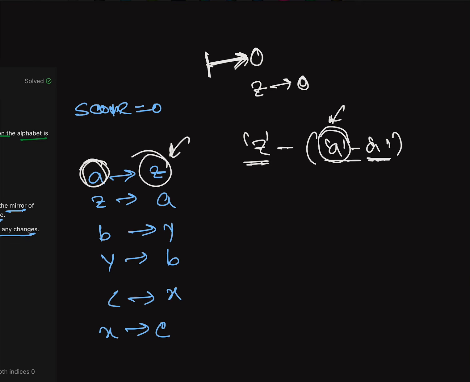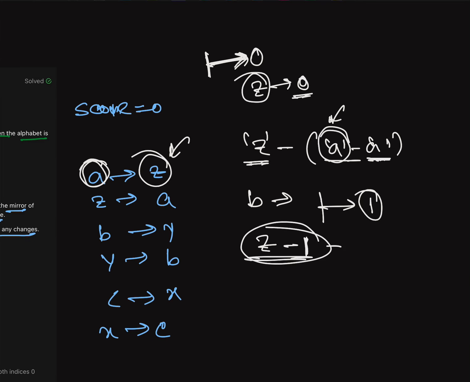From Z we shift 0 distance, so for A it will be Z. Similarly for B, the distance from A on the left side is 1, so the mirror character comes from the right side, from Z. I subtract 1 from Z, so I get Y. You get the logic of how to get the mirror character of any character.